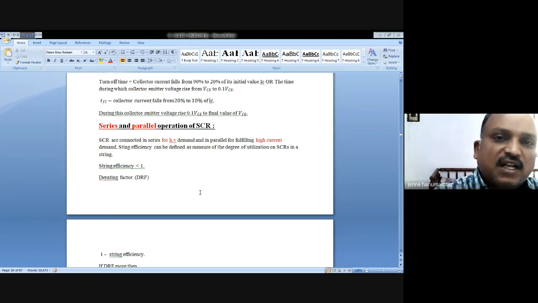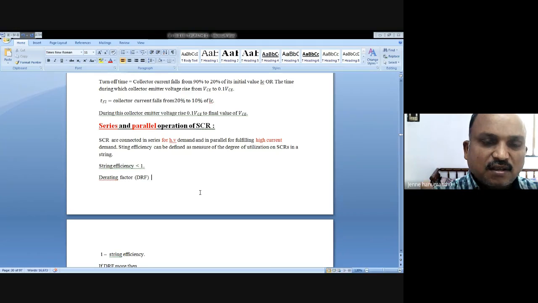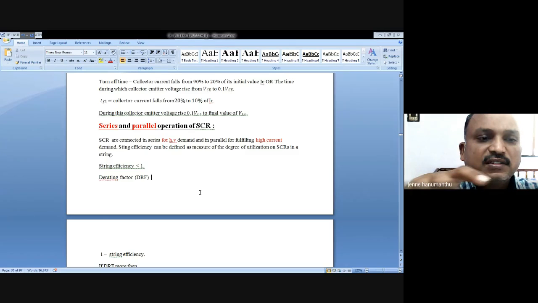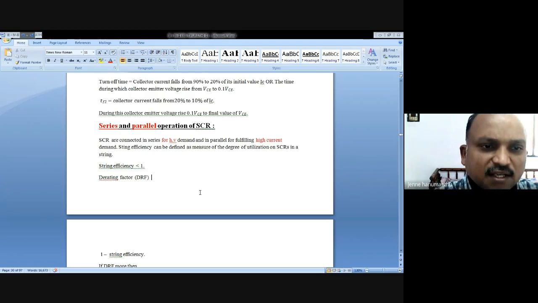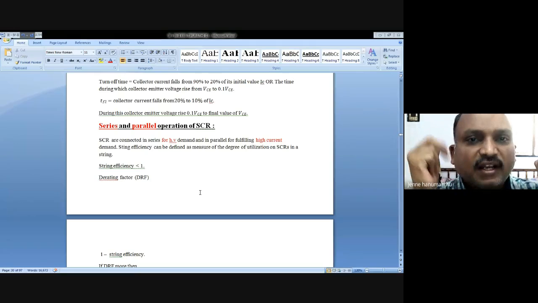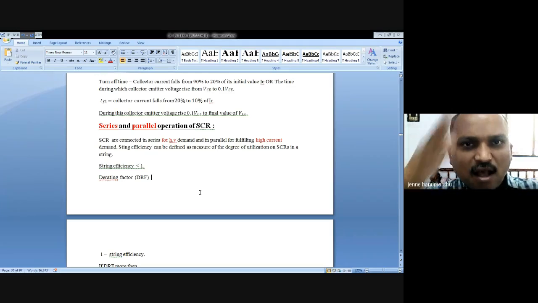Once you select a number of SCRs, string efficiency is how much voltage or current they combined give, divided by the individual SCR's voltage or current multiplied by the number of SCRs. If you take this ratio, that gives the string efficiency. The string is the way the SCRs are connected, series or parallel.